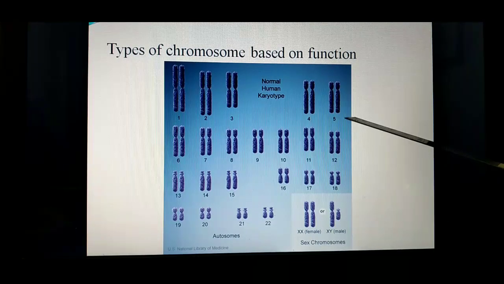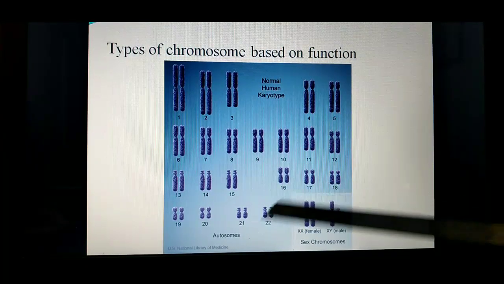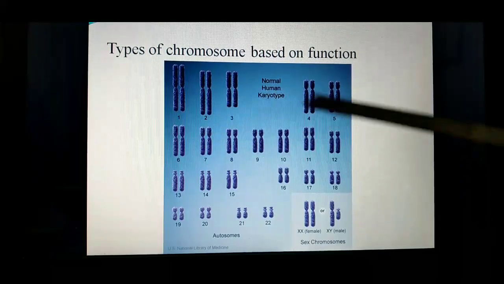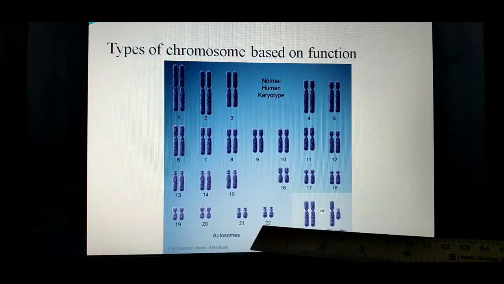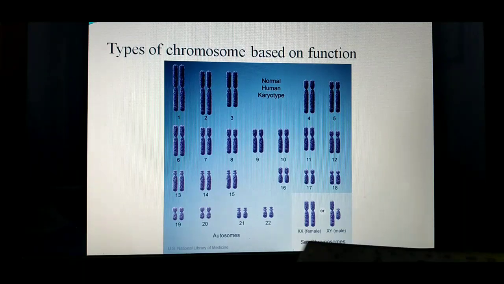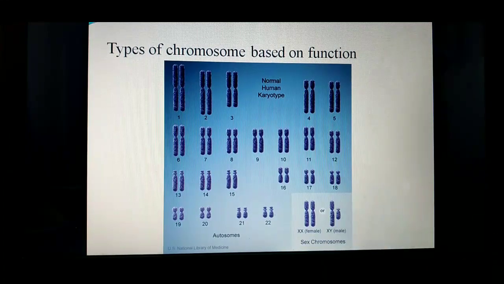So in the human body, there are 46 chromosomes in total. Out of 46 chromosomes, 44 chromosomes or 22 pairs are responsible for determining the body characters, and they are called autosomes. The 23rd pair, the last pair, is responsible for determining the sex of an individual.